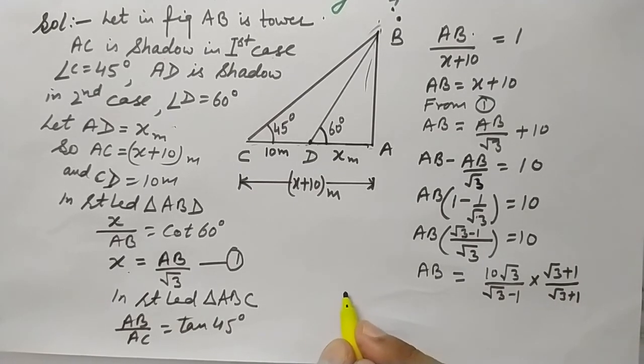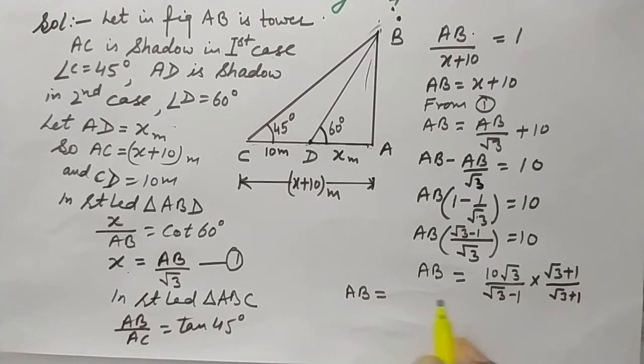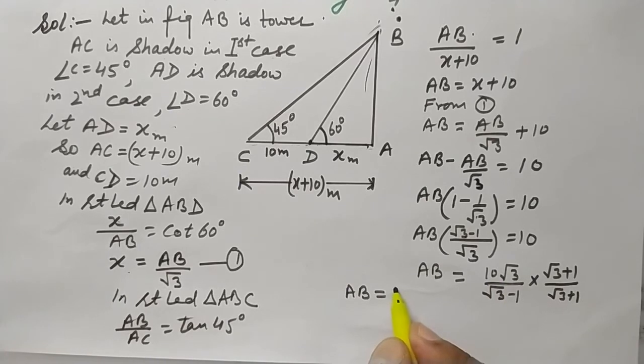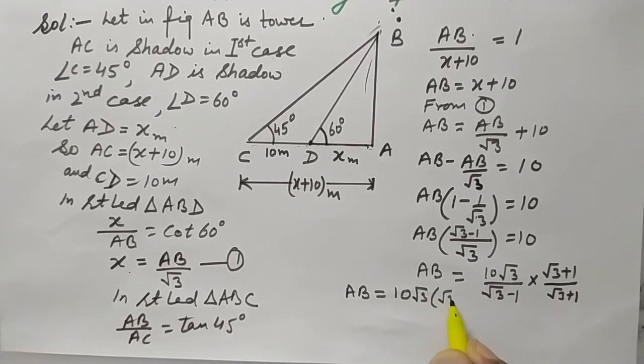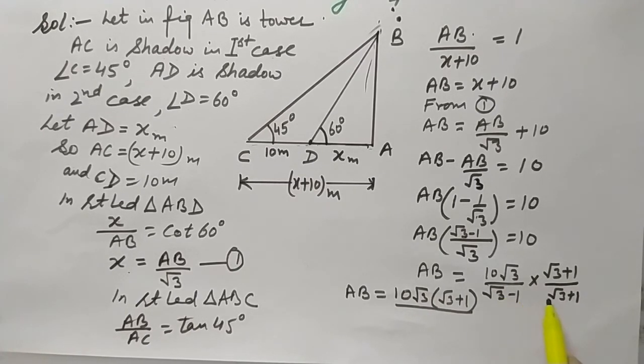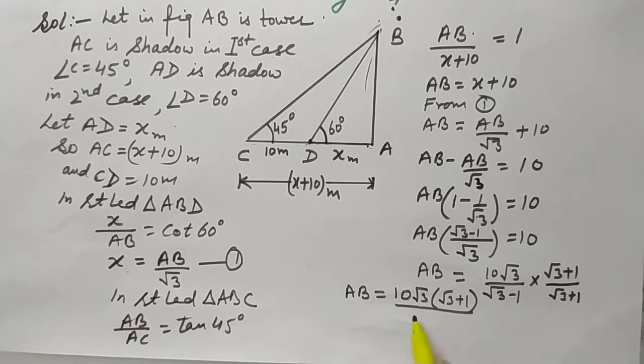So let's see what AB will be. AB is equal to 10 root 3 into root 3 plus 1 over, here, A minus B into A plus B, that is A square minus B square. So root 3 square is 3 and 1 square is 1 only.